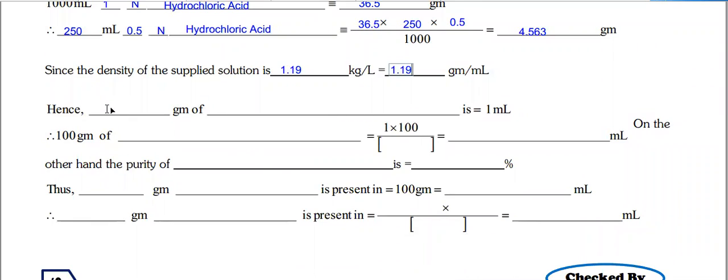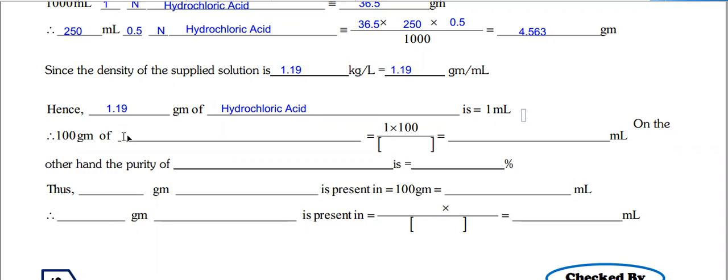Therefore, we can say that 1.19 gram of hydrochloric acid is present in 1 ml.